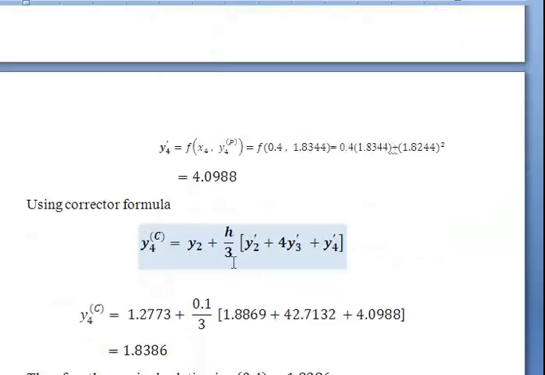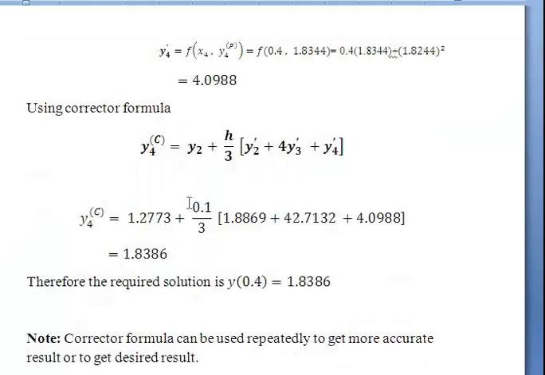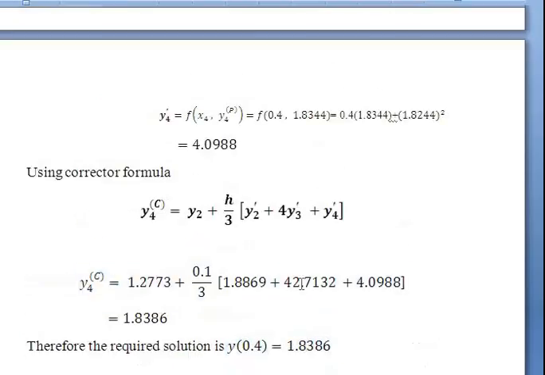Next we use the corrector formula. Again substituting y2, y2', y3', y4' from the table, and substituting all values, y4c is 1.8386. Therefore the required solution, y at 4, is 1.8386.